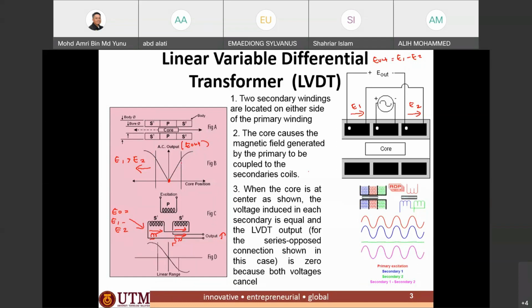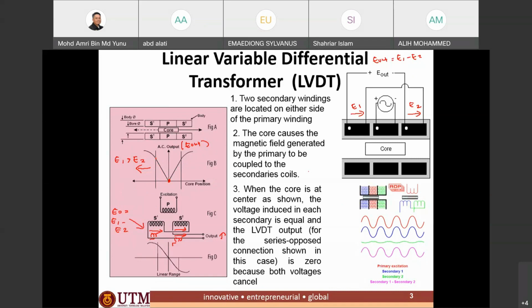So the output will be positive when it moves to the left, because E out is measured as E1 minus E2.